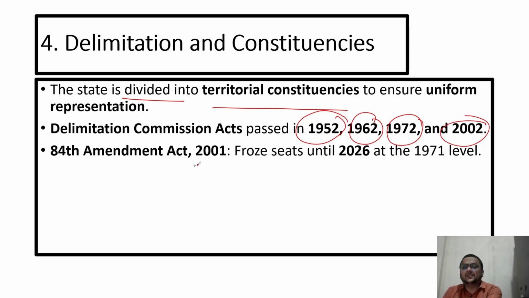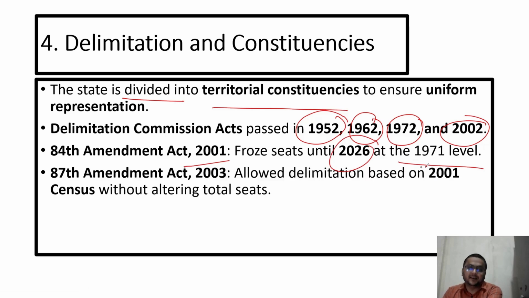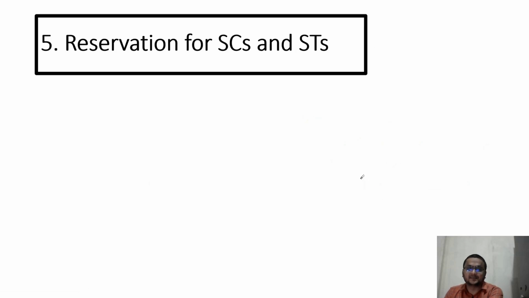The 84th Amendment Act 2001 froze the seats until 2026 at the 1971 level. The 86th Amendment Act 2003 allowed delimitation based on the 2001 census without altering total seats. Now the base is the 2001 census.